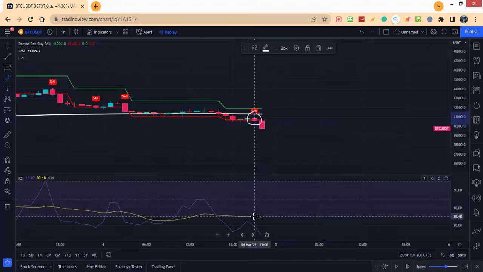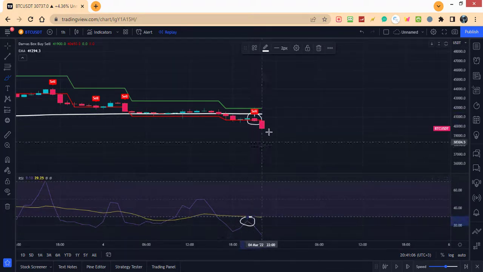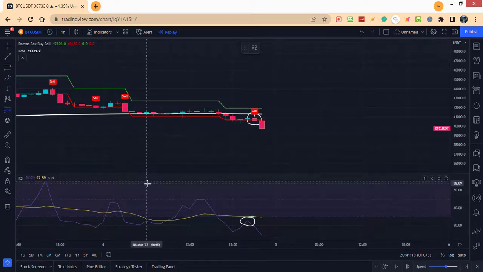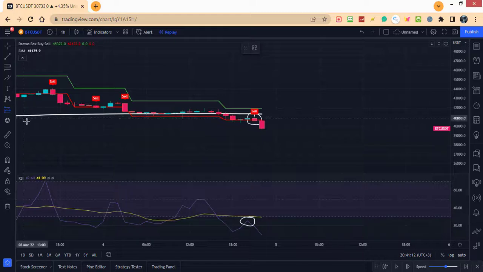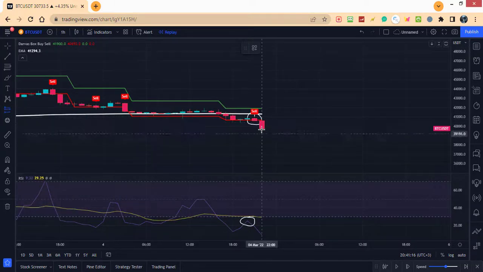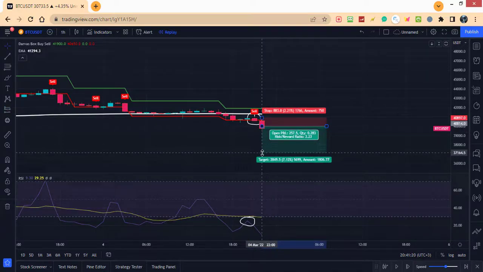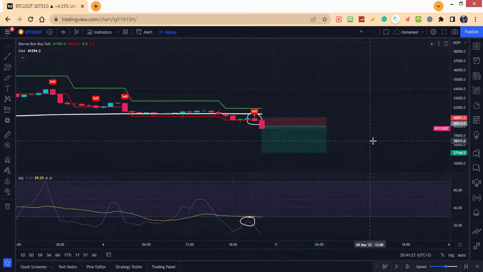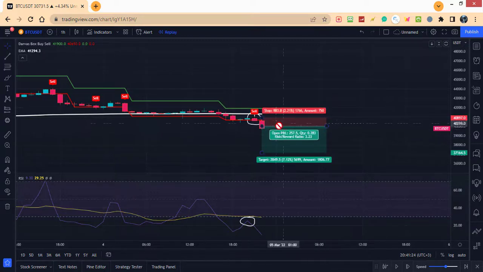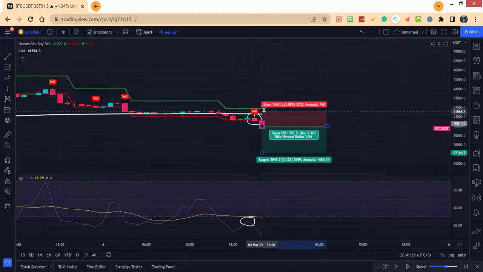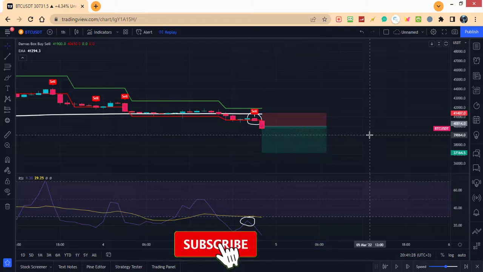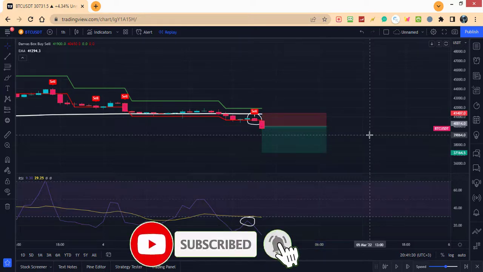You can also see our RSI is below the lower boundary, and the moving average is also going down. And then we can use 1.5 risk to reward ratio, and our stop loss will be above, just like the previous case, towards green.